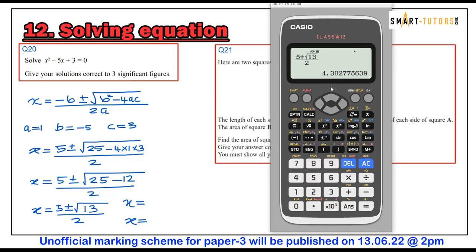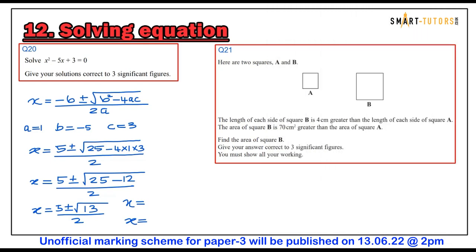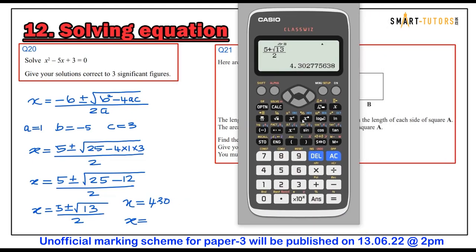So to 3 significant figures, 4.30, because the fourth significant figure is 2, so it stays 4.30. That is one of the answers. Now we use the minus: use the delete button and press the minus, and the answer to 3 significant figures is 0.697.